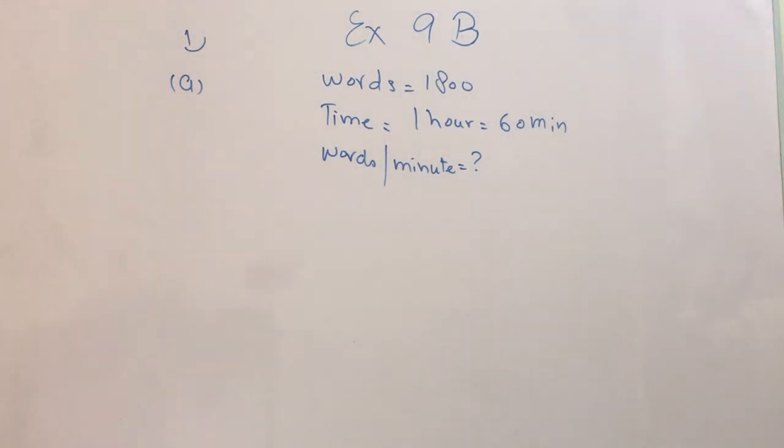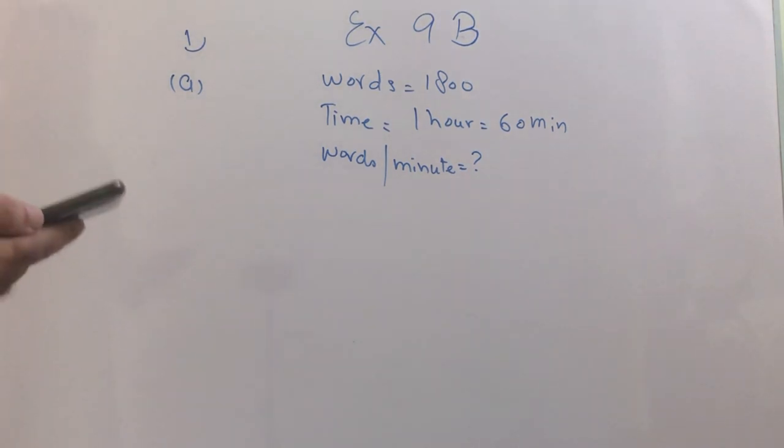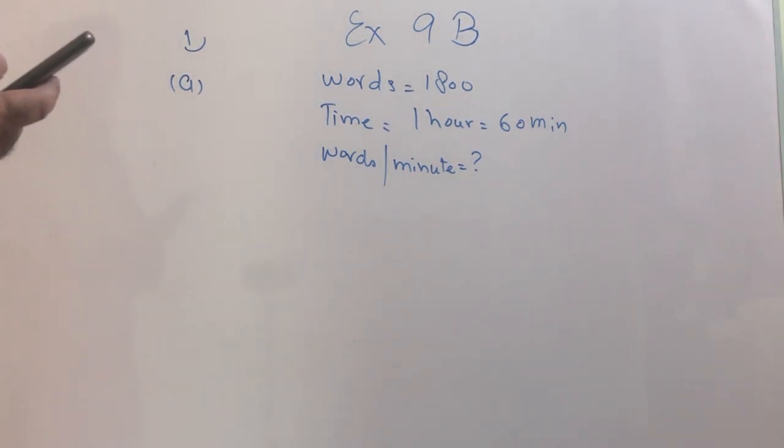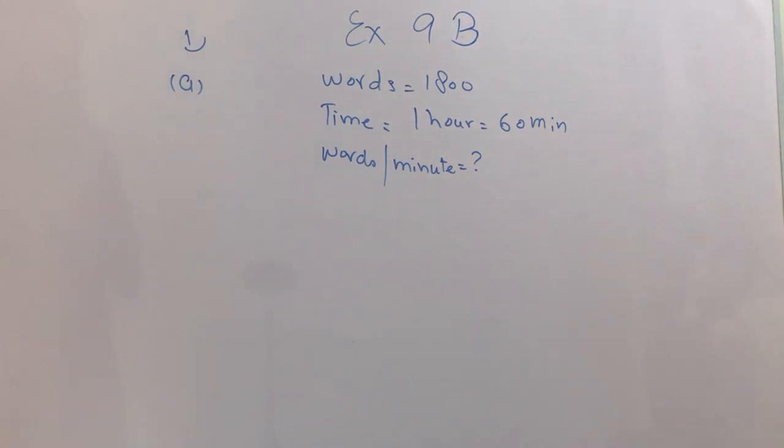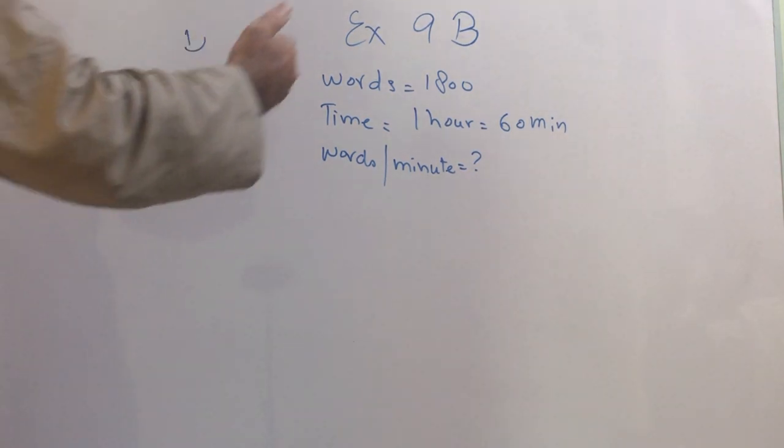The question says that a typist is typing words typed by her in 1 hour, it means 60 minutes. There are 1800. Okay, so we need per minute typing words, so it means words per minute.